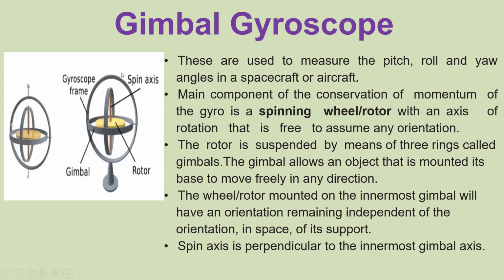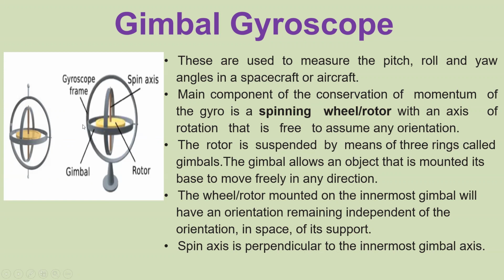And you can see this outermost ring is fixed to some object, since this gyroscope ultimately should be fixed to some object. For example, if it is measuring in an airplane, this should be fixed to an airplane. So the outermost gimbal or the ring is fixed to the object whose orientation is measured.